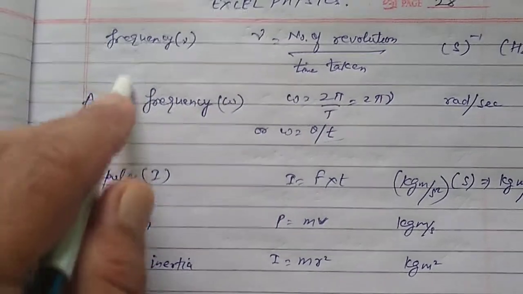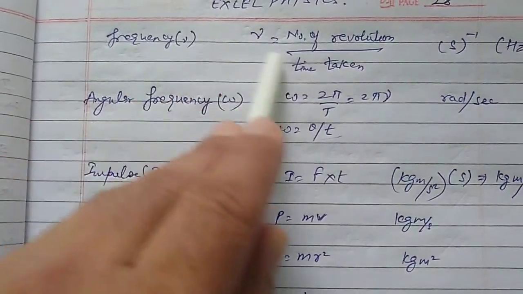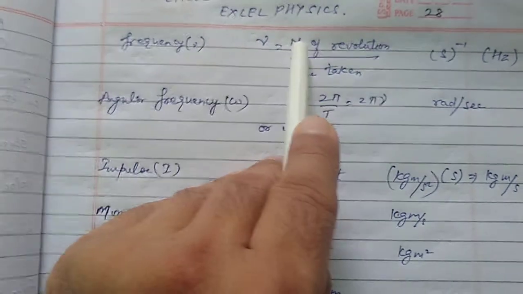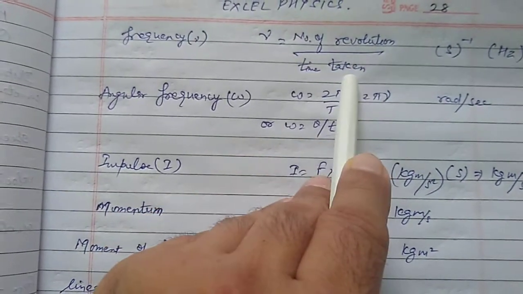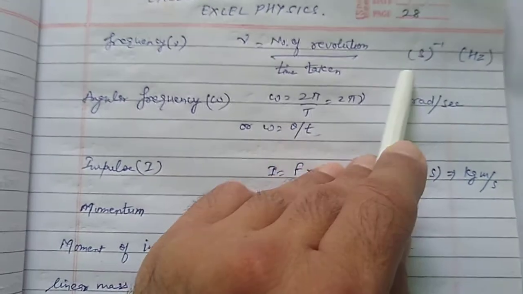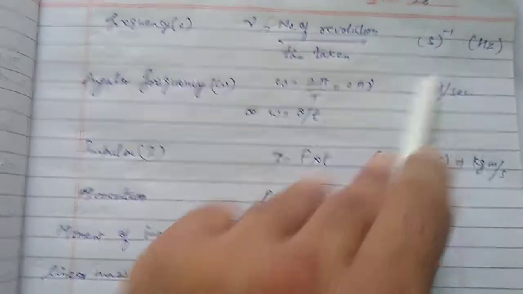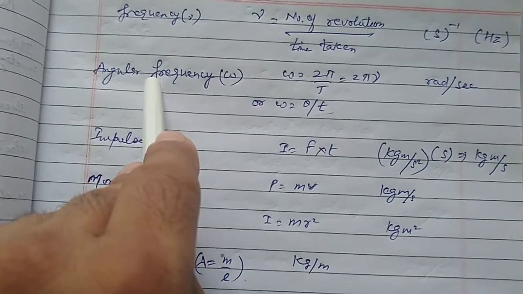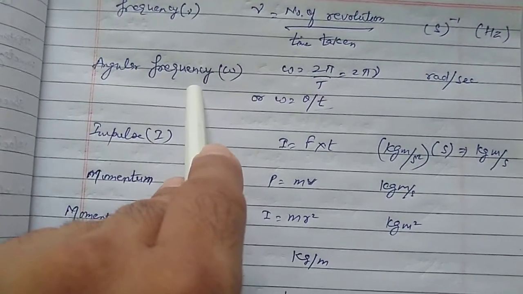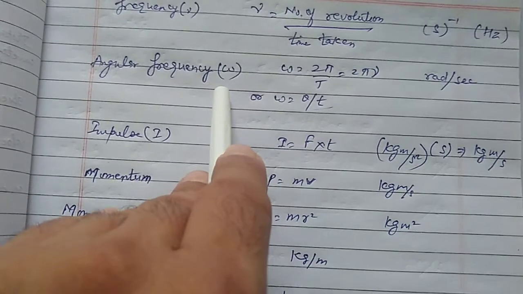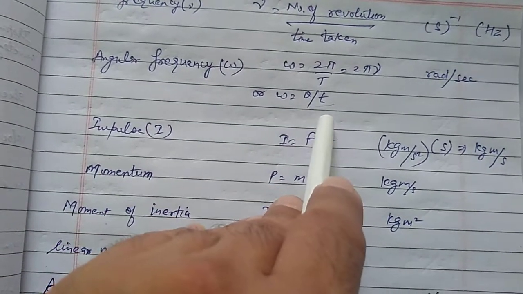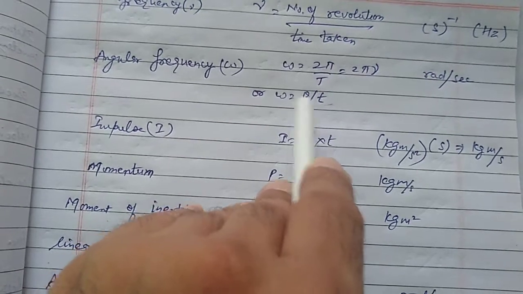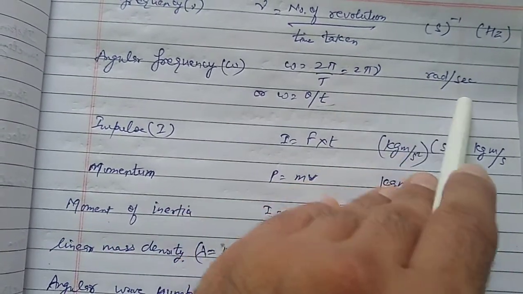Now, frequency. Another physical quantity, it is expressed as number of revolutions upon time taken. This is just a number, it has no unit. Time unit is second, so 1 upon second, so second inverse. Angular frequency, or angular velocity. And angular velocity is what? Angular displacement upon time. This angle unit is radian, time unit is second, radian per second.